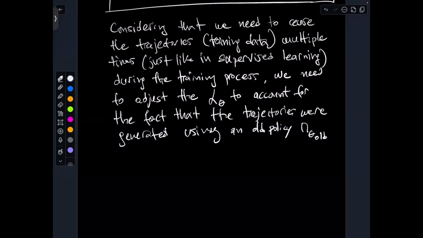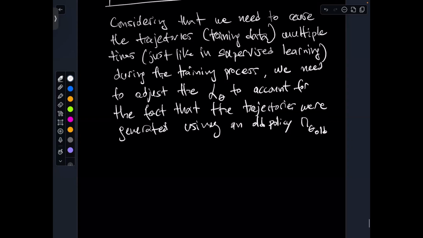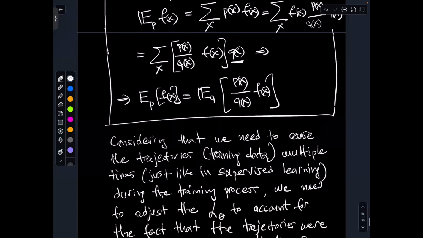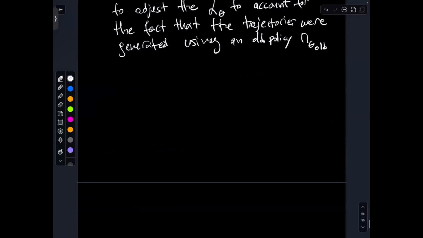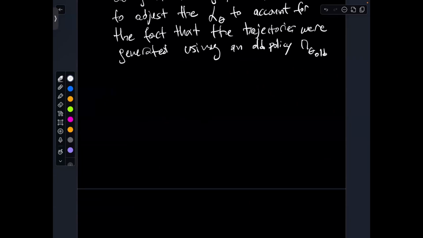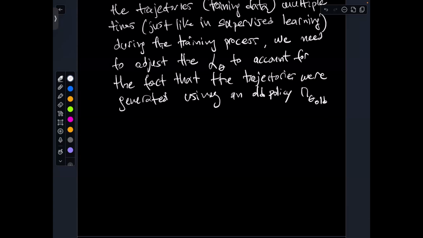And therefore, what I'm going to do here is plug into the L of theta that I see over here the adjustment that will allow me to calculate the L theta using the new, updated policies as the training continues. So L of theta is equal to the summation over t of pi theta new divided by pi theta old. That's the q.